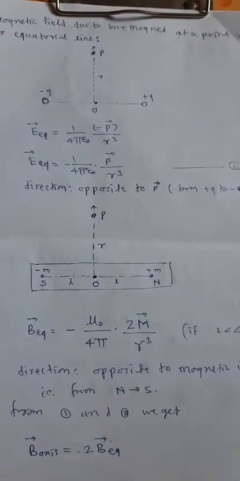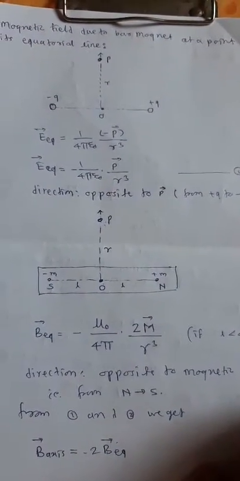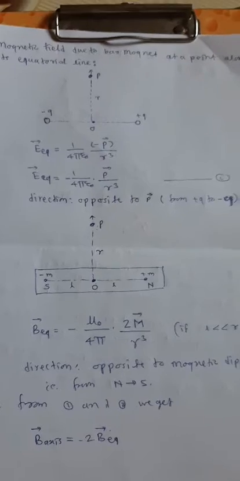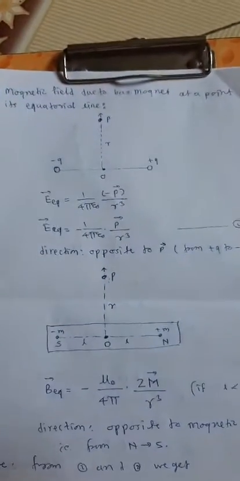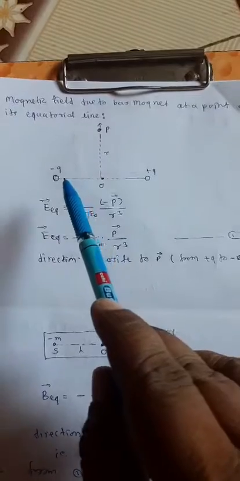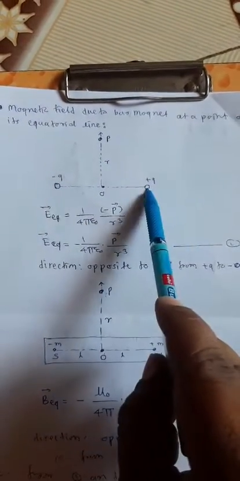We can easily write the expression for magnetic field due to the bar magnet at a point along the equatorial line with the help of electrostatics. Now let us consider two opposite charges separated by a distance 2L.